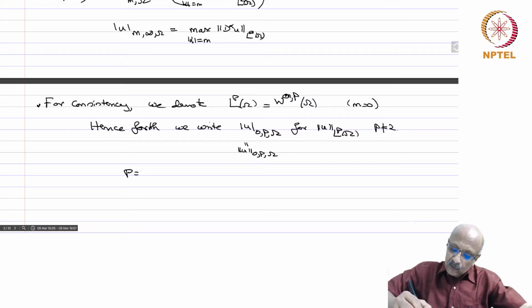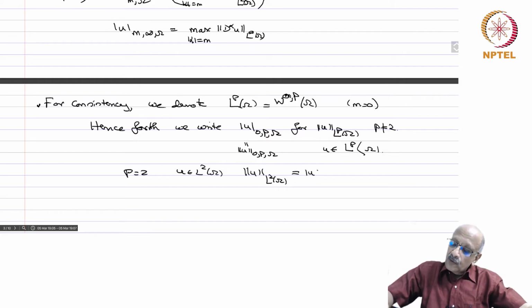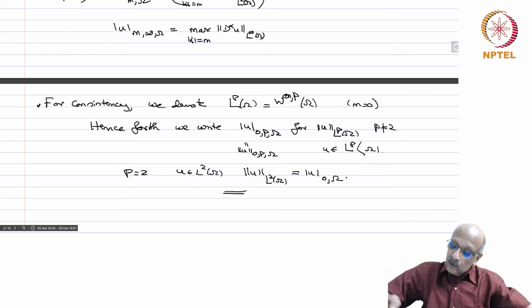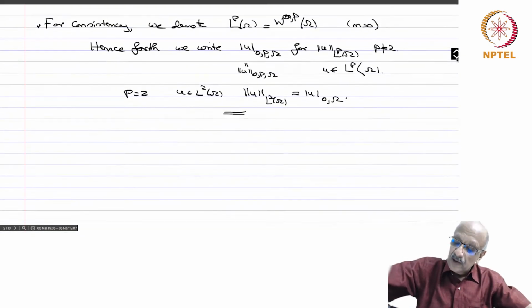And if p equals 2, so if u is in L²(Ω), then you have ‖u‖ in L²(Ω) will be written as |u|_{0,Ω}. So these are the definitions, notations and notational conventions which we want to keep.